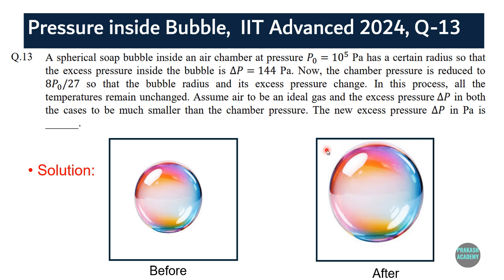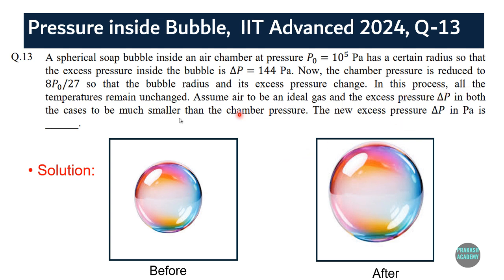So now the pressure inside this chamber is reduced, and that is why this bubble has expanded. Let us say it will have a different radius. Basically this will have an increased radius from the earlier situation.